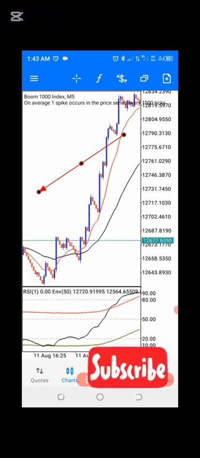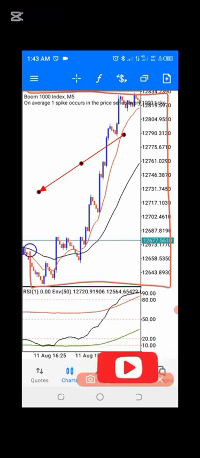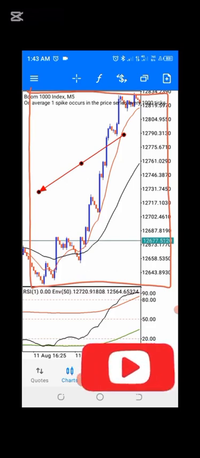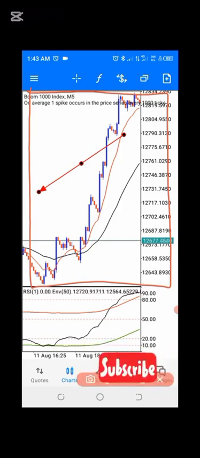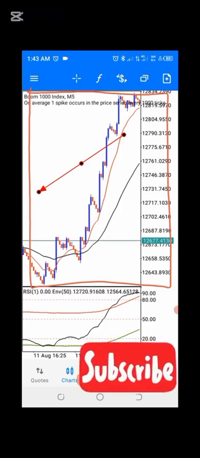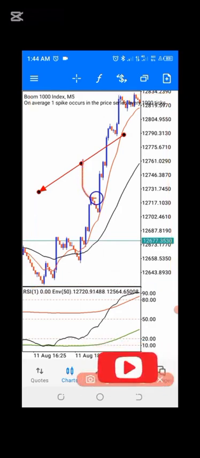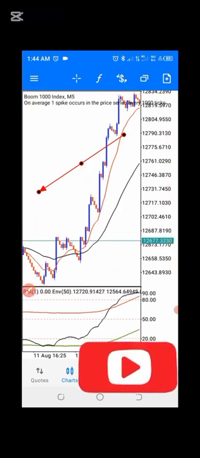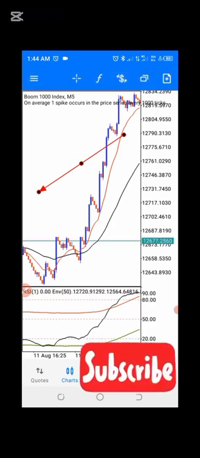This is our main chart here. So the first confirmation on our main chart is no other than this: you have to wait for these two moving averages to cross.